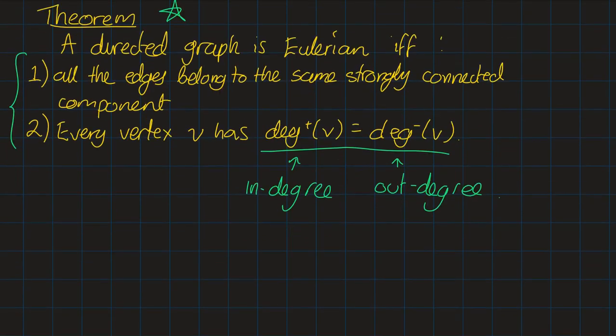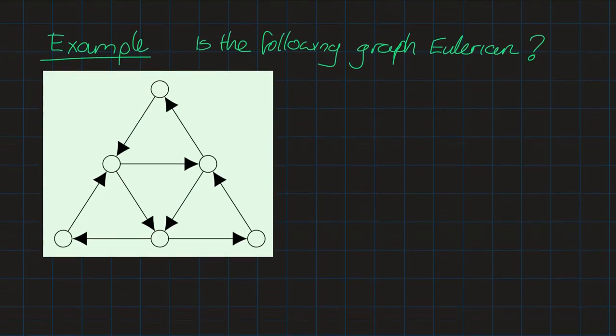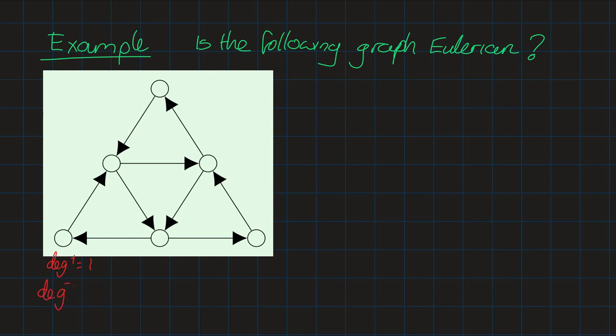Let's do an example of this theorem. So is this following graph Eulerian? And you do this by working out the in and out degrees of all the vertices. So this one here has deg plus equal to 1, and deg minus also equal to 1.